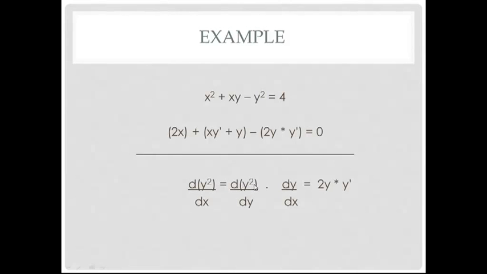So the derivative of y squared with regard to y is just 2y. And the derivative of y with regard to x, well, that's what we're trying to find, so that's y prime. So using the chain rule, the derivative of this is 2y times y prime. And of course, the derivative of any constant is 0. So there you have how I got the second line.